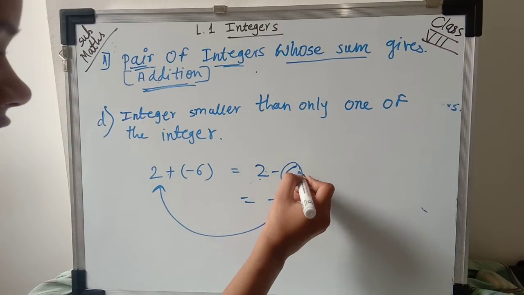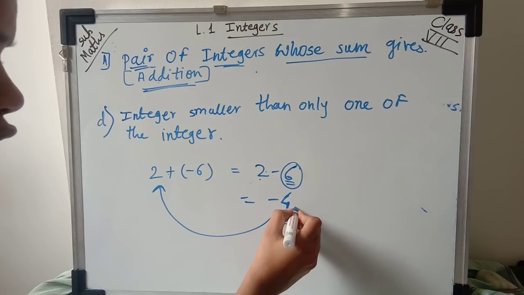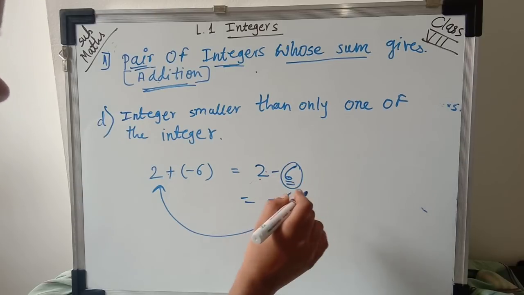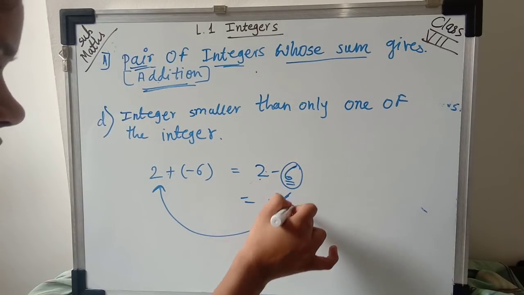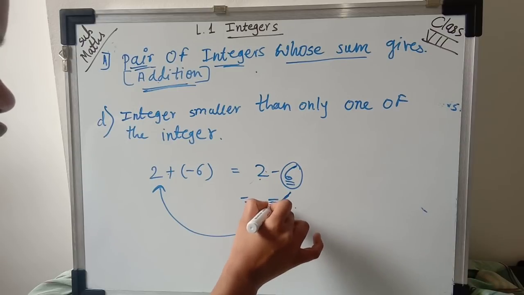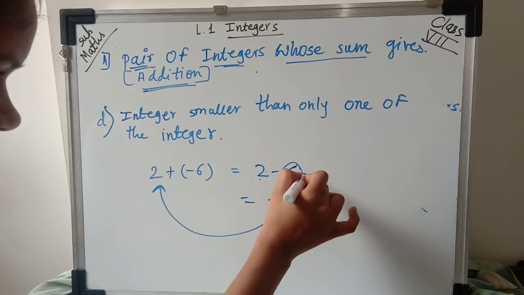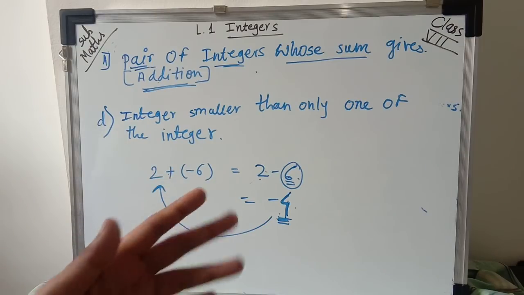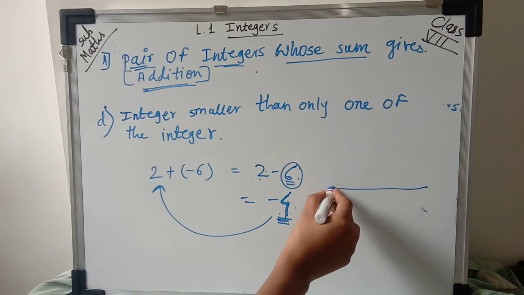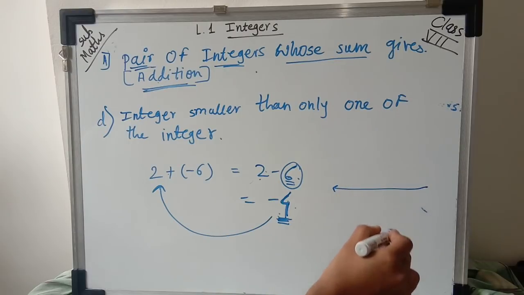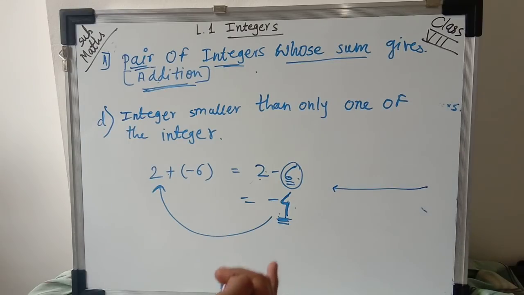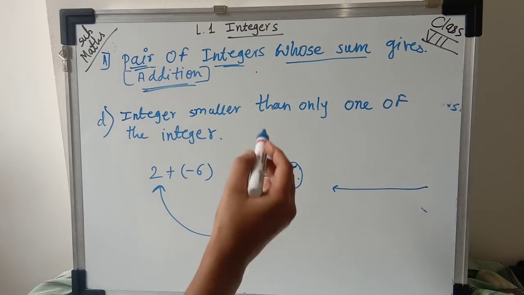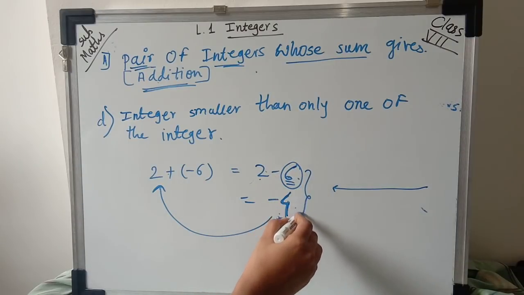If you see the whole number of both the integers, 4 is smaller than 6, but if you see the value of both integers, the value of -4 is bigger than -6, because we have learned when we are moving from right to left, the value of each negative integer decreases. In simple terms, the integer closer to 0 is -4.